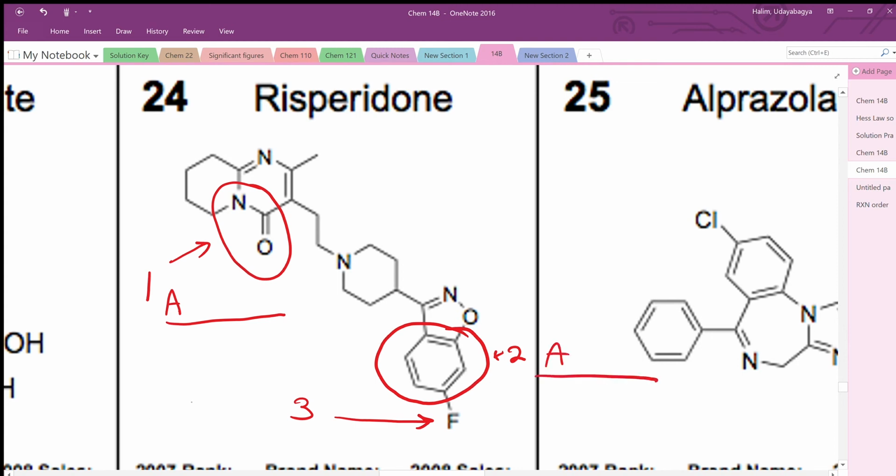Three, this technically starts with an H. Oh, sorry. Let me put the circle in number three. Fluorine is a halogen, so that's my hint for number three.